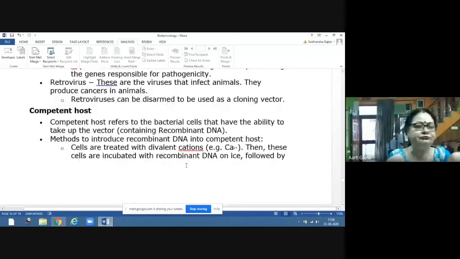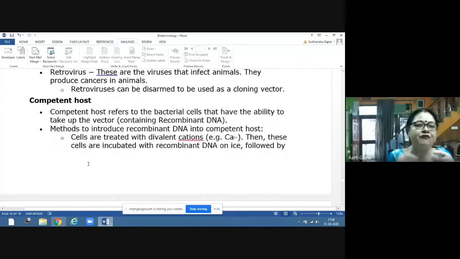Now, what is the cell made up of? The competent host can be plants, animals, or fungus. If it is a plant, then it has a cell wall. If it is a bacterium, then it also has a cell wall. And if it is a fungus, then it also has a cell wall. So we first have to digest that cell wall.